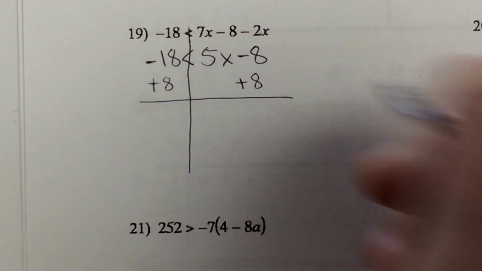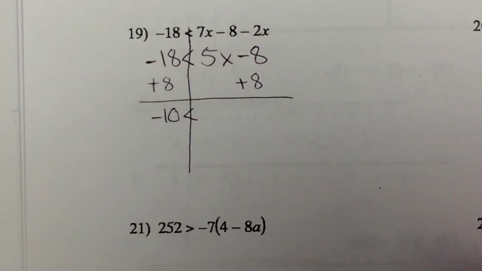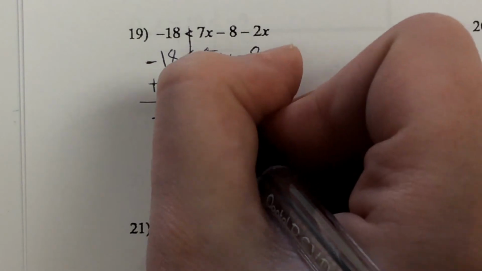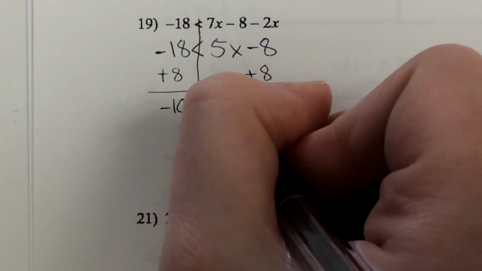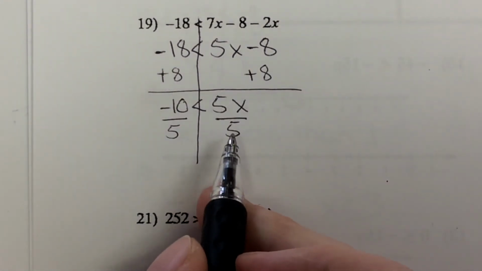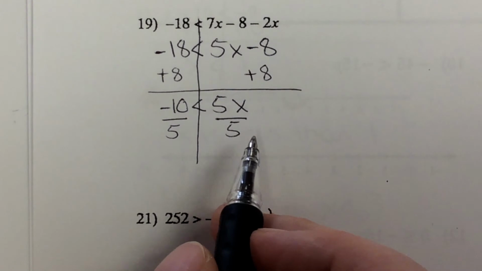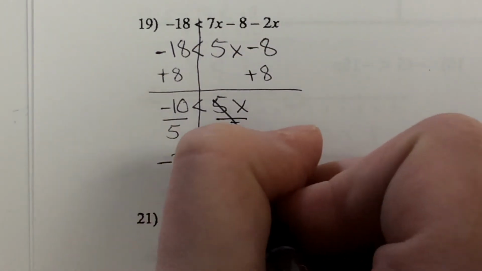Okay, -18 plus 8 is -10 is less than 5x. And last step to solve for x is to divide by 5. Now notice that you're dividing by a positive number, so you do not need to flip your sign this time. And we're going to have -2 is less than x.